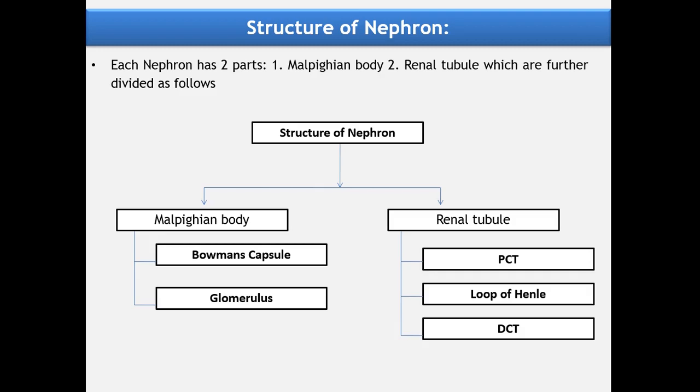Malpighian body is further divided into Bowman's capsule and glomerulus, whereas renal tubule is further divided into PCT, that is first or proximal convoluted tubule, loop of Henle and distal convoluted tubule, or second or distal convoluted tubule. Let us learn about these structures one by one.